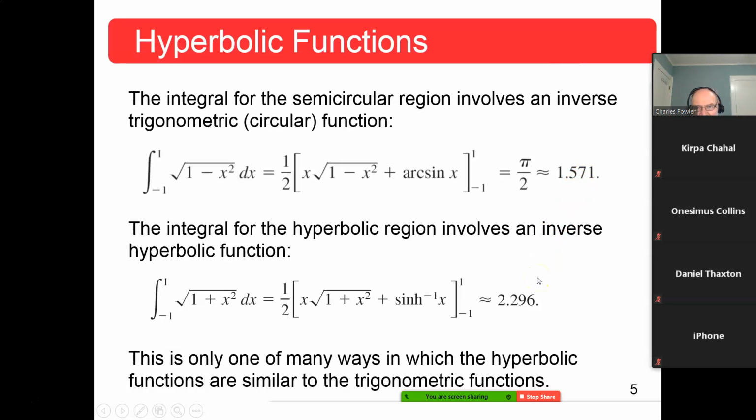Okay, no relationship there. It's one of many ways in which the hyperbolic functions are similar to trigonometric functions. Okay, if you call that similar, the forms are somewhat similar. And that's why they're given the names sin and cos.